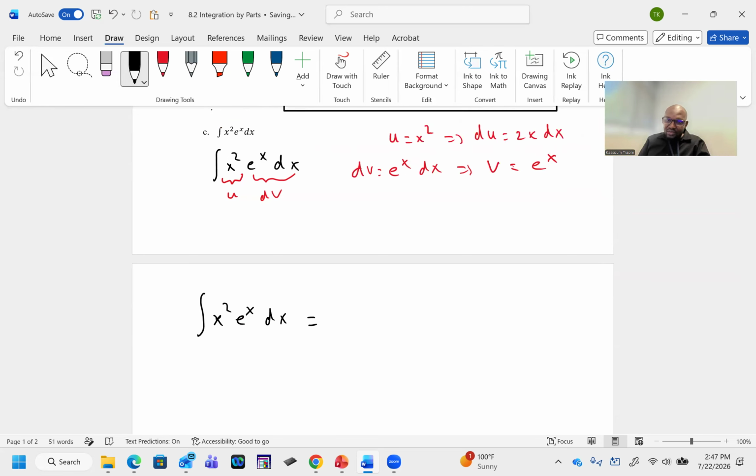My u is x squared, and my v is e to the power of x, so x squared times e to the power of x minus the integral of v du. My v is e to the power of x, times 2x dx, right?